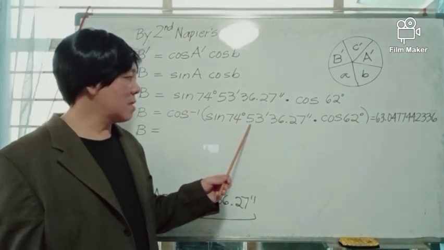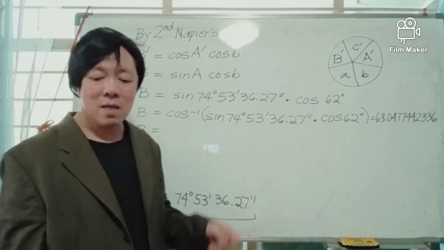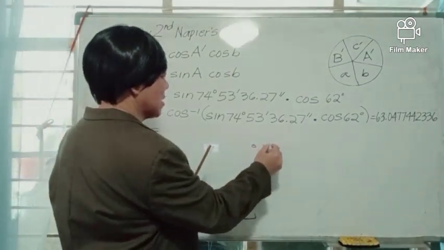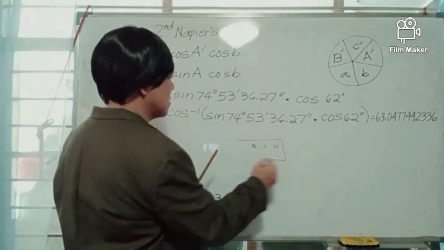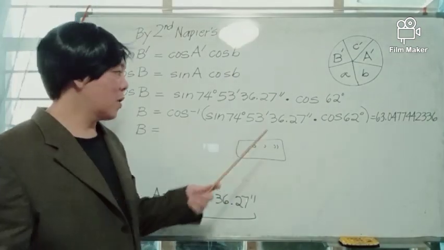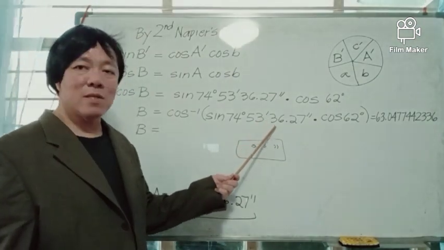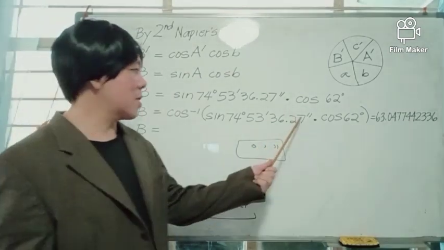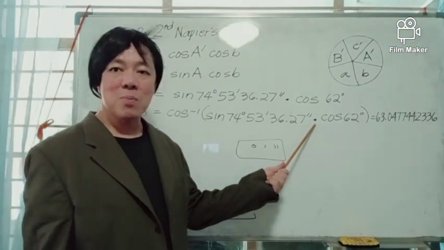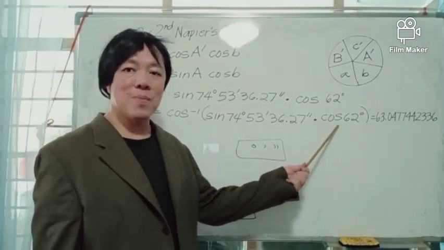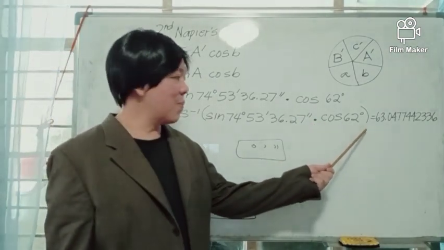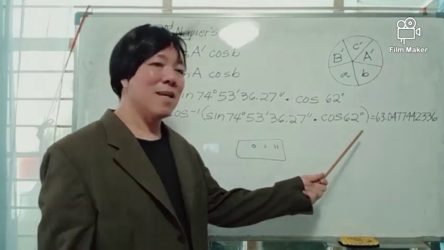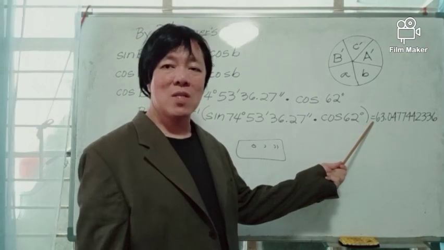Press 53. You press again the key in your calculator with this symbol. For minutes, press 36.27. Press this key in your calculator for the seconds. Then press multiply, press cosine, press 62, and press close parenthesis, and then press the equal sign.